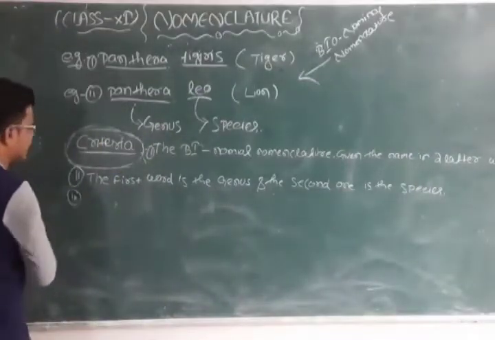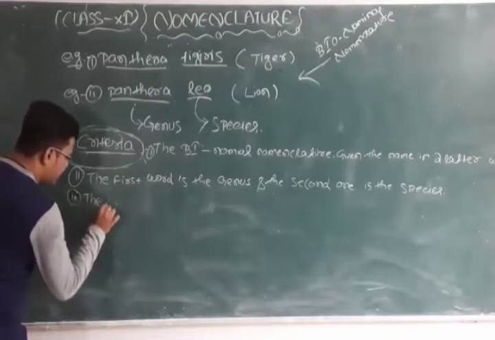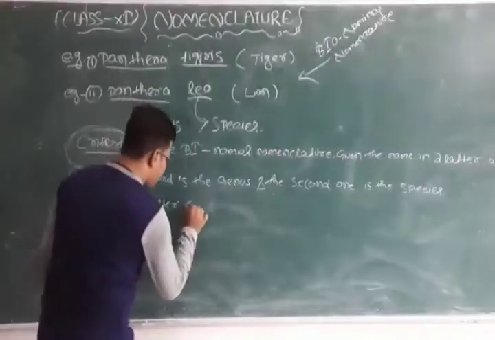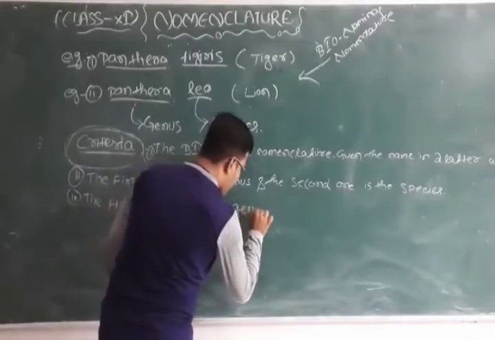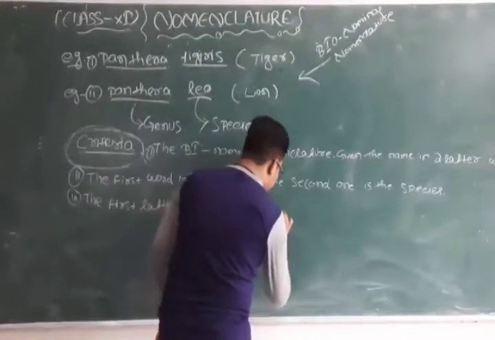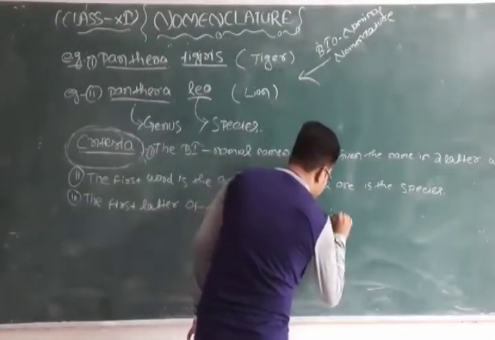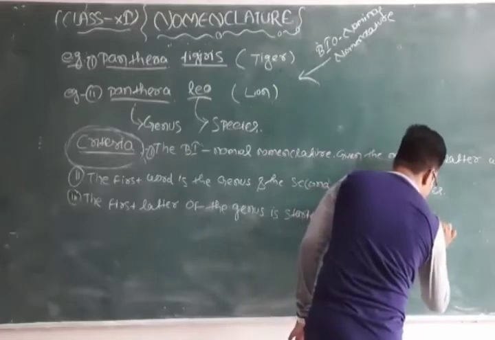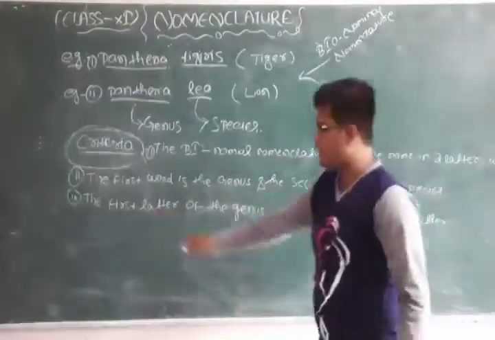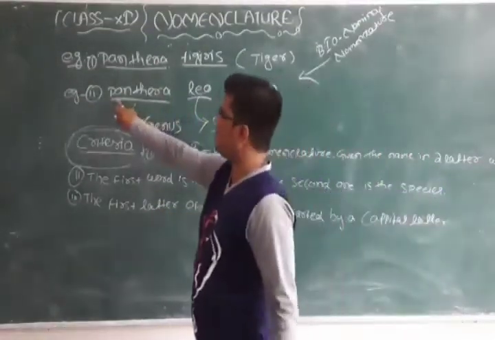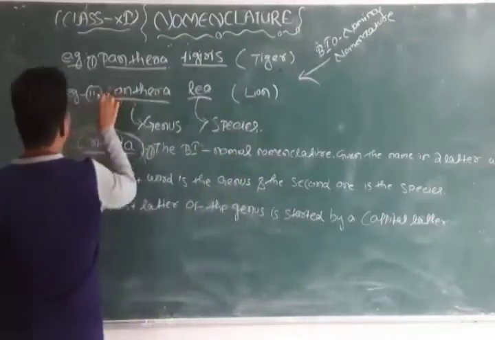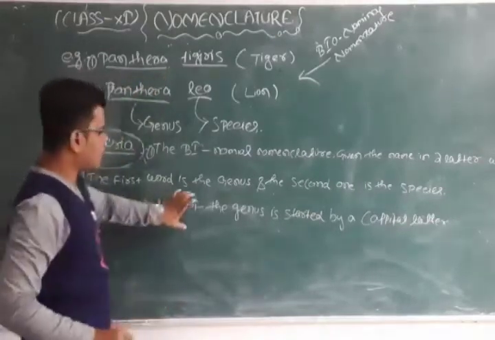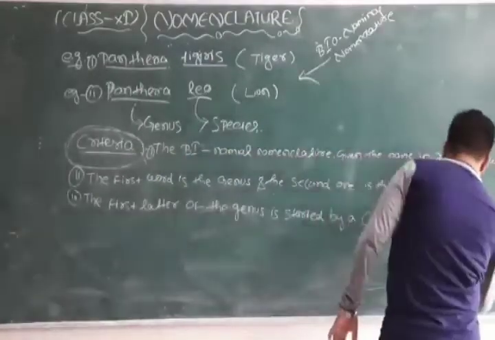What is the third criterion? The first letter of the genus is started by a capital letter, followed by small letters.